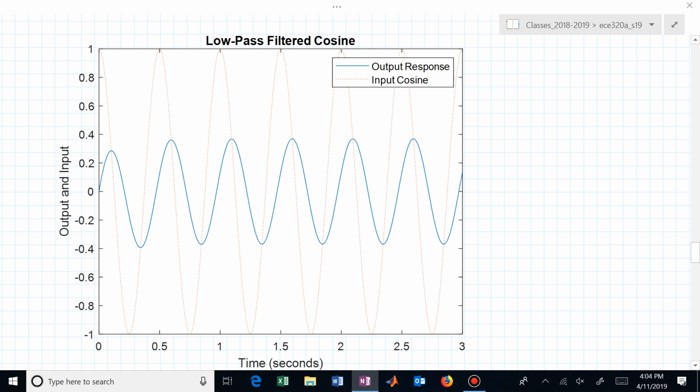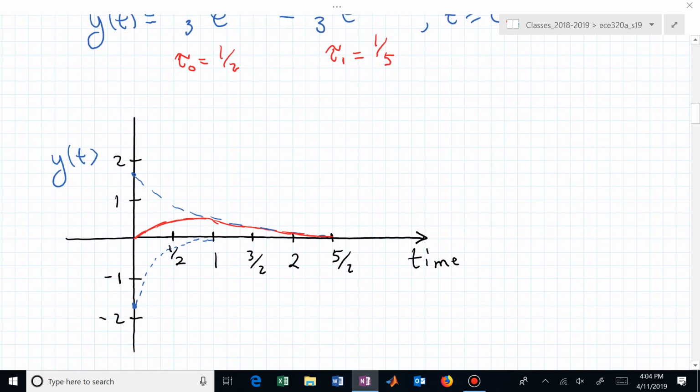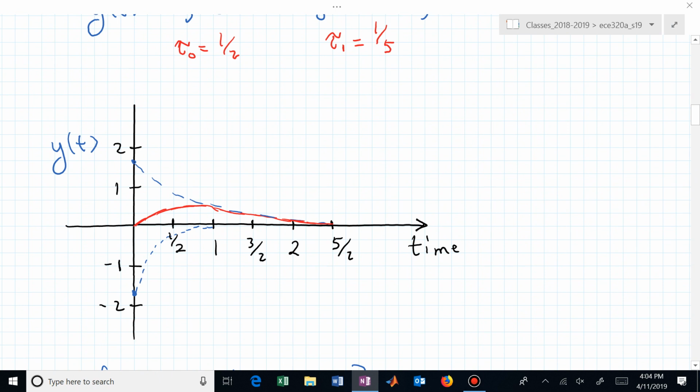That's our transient. So we're kind of getting to where we want to go. What did we have before? We had a transient here, didn't we? And in this case the transient lasted right here, and then we sort of locked into the input.